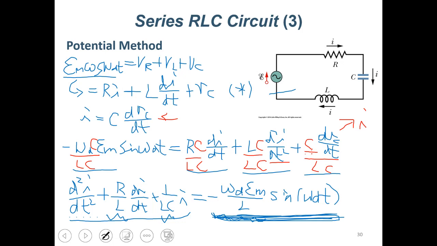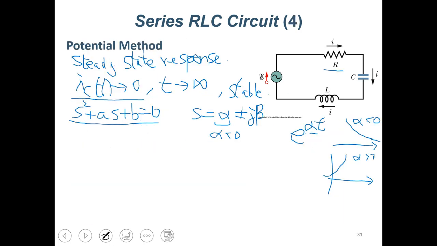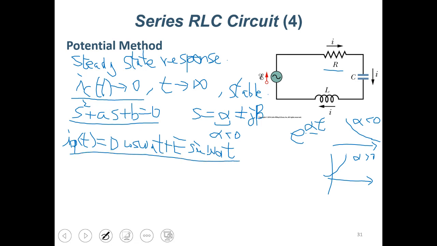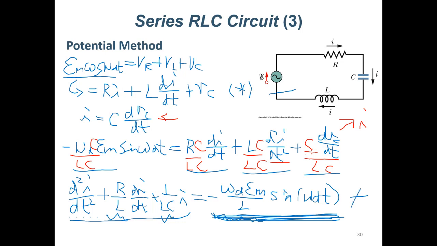So in this case, we substitute the particular solution to be d cosine omega d t plus e sine omega d t into this equation, and then we solve for d and e.